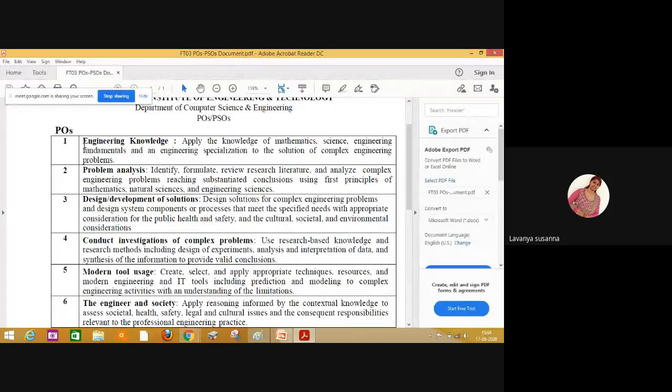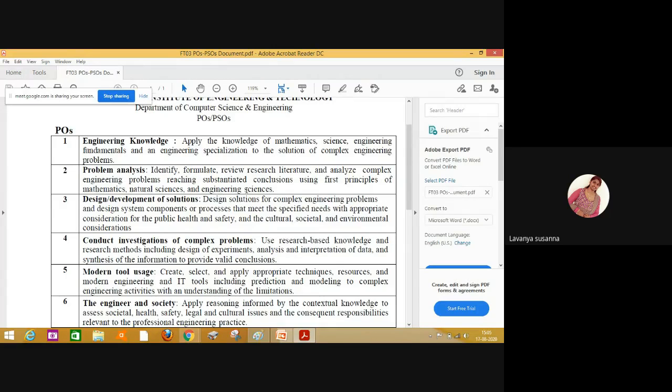Your PO1 is engineering knowledge, as you require basic fundamental knowledge to solve the problems. Next, I have mapped to PO2. Your PO2 is problem analysis, as you need to analyze the algorithms, such as what is the time complexity, what is the space complexity, which algorithm is efficient.